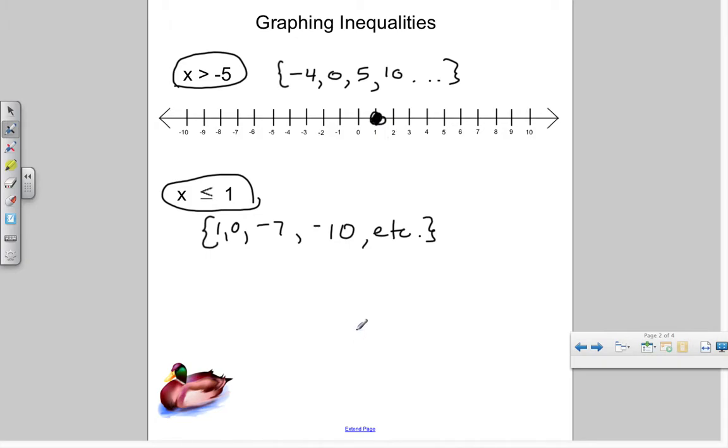That's a very large circle. I would hope that you would maybe make a little smaller circle. But then it's, of course, 0, and we said -7 and -10, so it's everything going this direction. And again, I'm going to use the highlighter because that's a lot easier. So I do a closed circle, and I shade in the line.